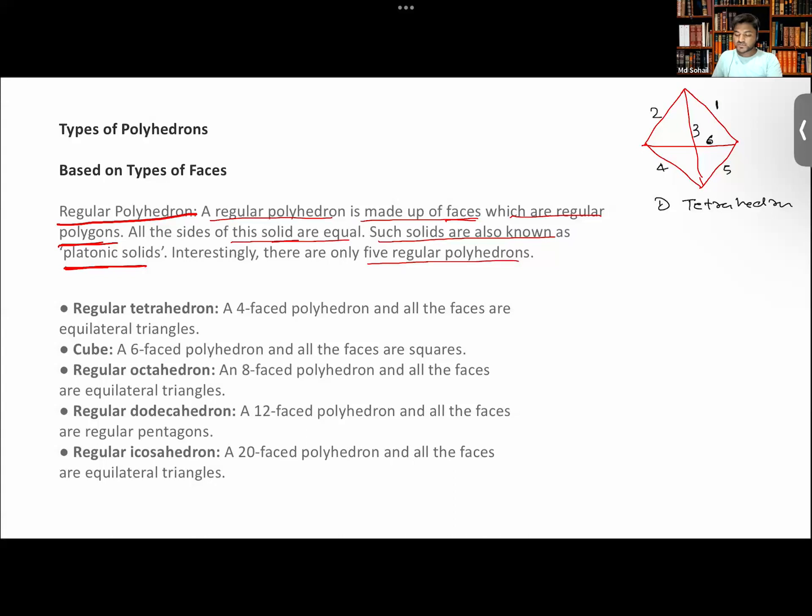So there are 6 edges in it, and all of them are going to be equal in measurement, right? One more thing we can say is that this tetrahedron is nothing but 4 equilateral triangles, and if you paste them, you will get this tetrahedron.